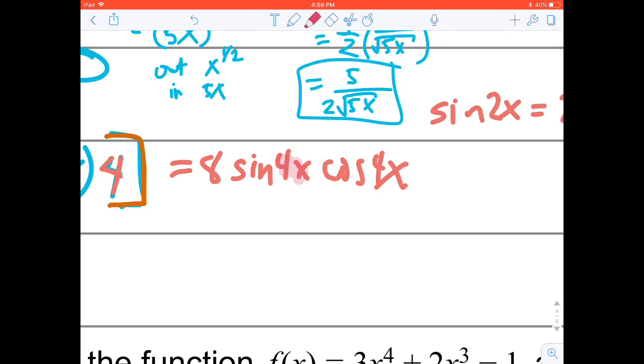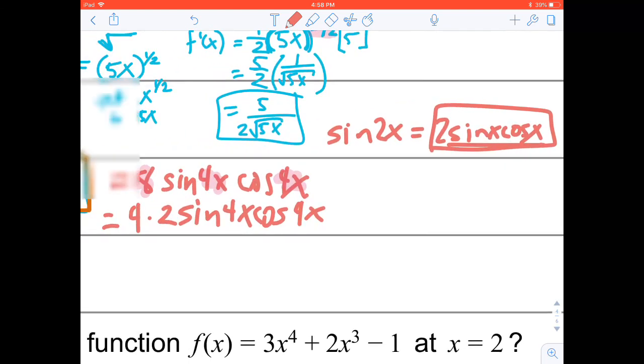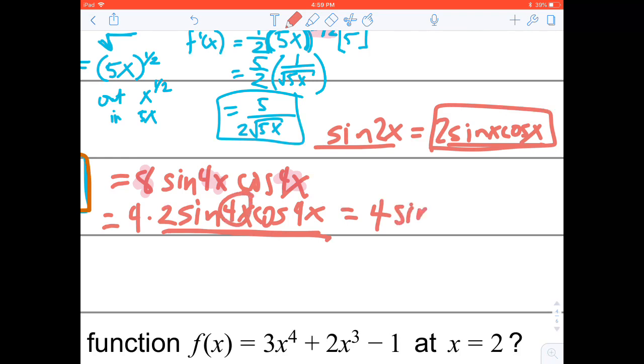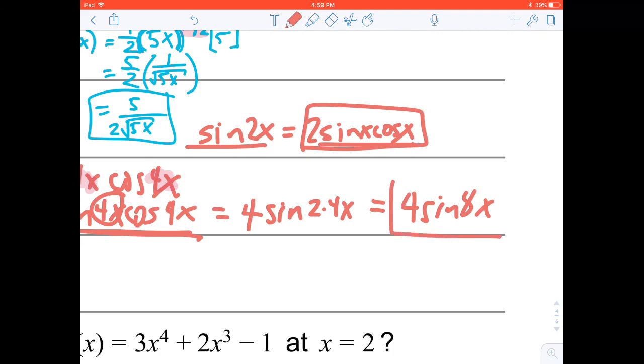Even though we have a 4x, as long as both of these are 4x, and then we have this 8 over here, 8 can be broken down into 4 times 2, which gives us that 2 that we know has to be true for this trig identity. So that is going to equal 4 times sine 2x. Well, remember we had 4x there, so this should be 2 times 4x. So this will become 4 times sine 8x.